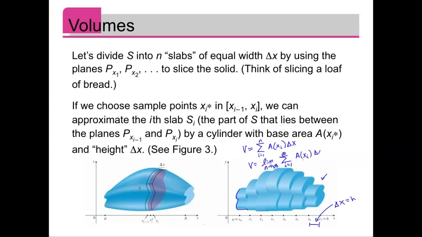Good. Sigma becomes an integral, right? From a to b. The xi were individually indexed x values, but as I use more and more, they get closer and closer together, right? And as I use infinitely many, it becomes just a continuous x number line, yeah? So this, instead of being A of xi, just becomes A of x, meaning the area of any arbitrary cross-section. What does delta x become? dx. Boom.